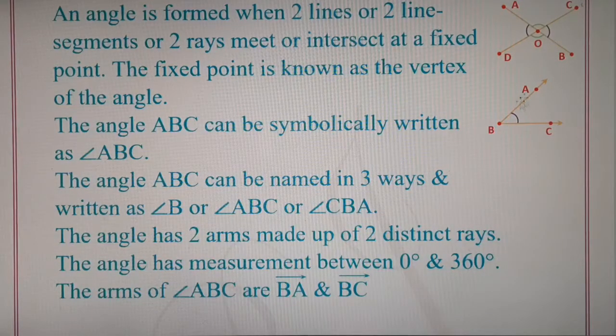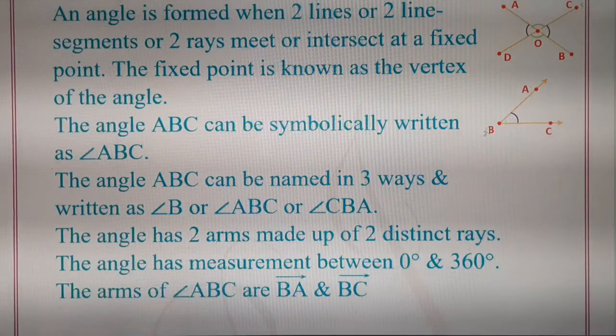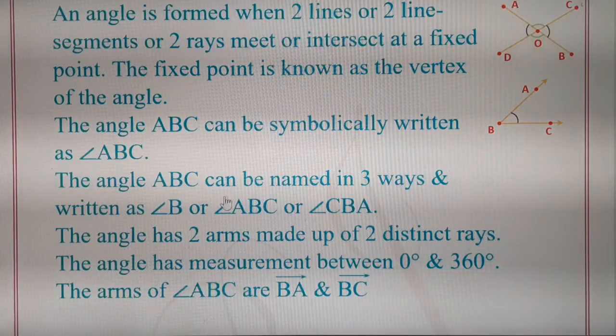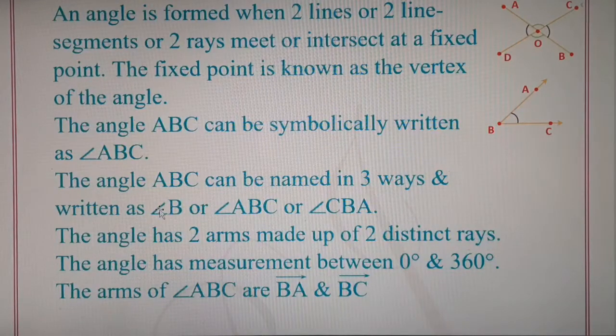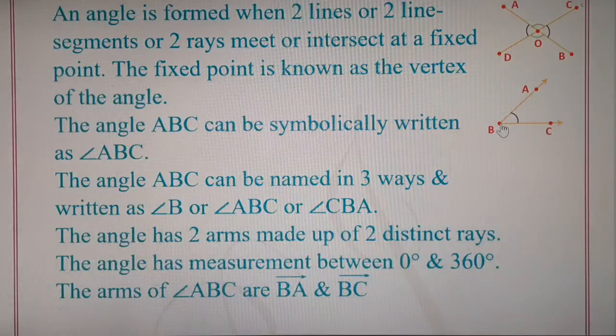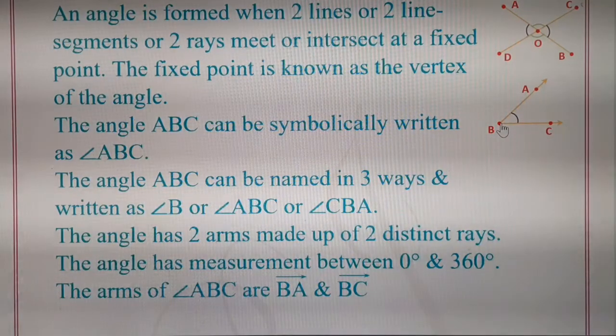For example, in this diagram, we have angle ABC. This angle ABC can be called angle B when we use a single letter. That is, the vertex alphabet is used to name the angle when a single letter is used.